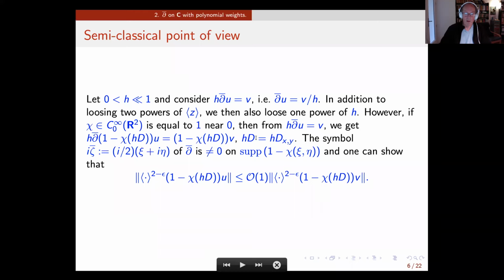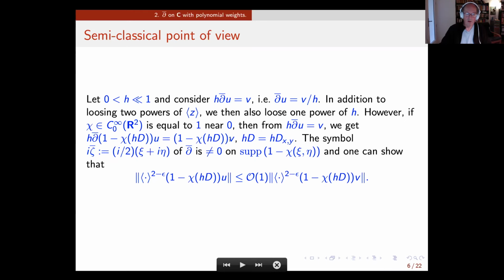But if I look in the phase space, this trouble comes from the zero section, because the symbol of our operator, the symbol of D-bar, is written here. It's xi plus i eta. It vanishes near 0. So if I multiply by 1 minus chi of xi, eta, then I cut away the set where the symbol vanishes. So I do this on the Fourier transform. On the function side, this is to apply a very simple pseudodifferential operator, 1 minus chi of hD, and chi is a cutoff function which is equal to 1 near 0.